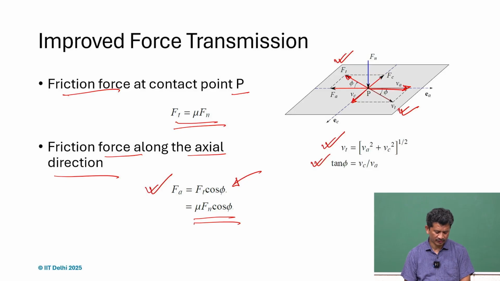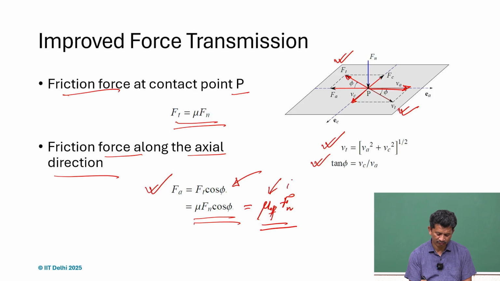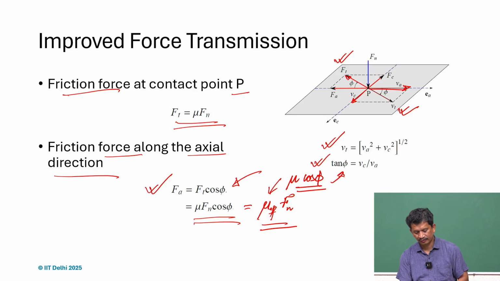Although mu has not changed, suppose you want to define some kind of effective coefficient of friction in that direction, we can simply write it in terms of Fn. So mu effective will be simply mu cos phi, where phi is defined by tan inverse Vc by Va.